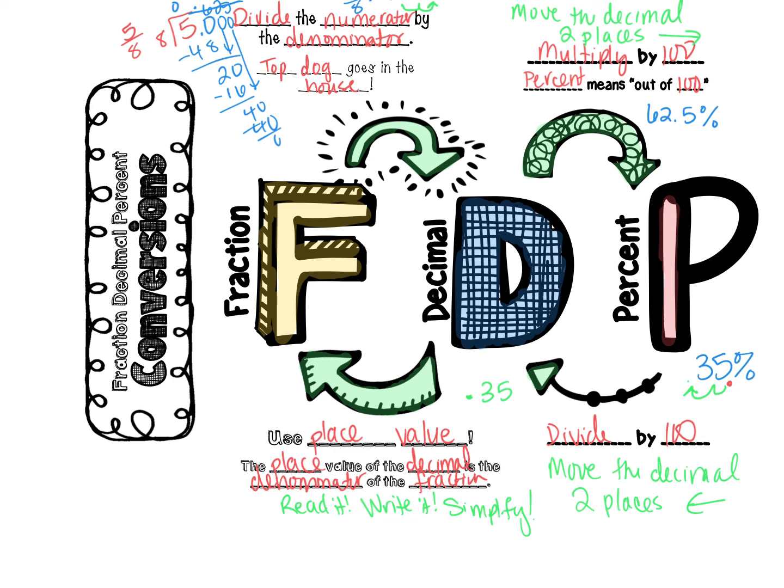So what does that mean? Well, let's look at the example that we had. We had .35. So that is read as what? That's read as 35 hundredths. So if I read that correctly, it's 35 hundredths. So 35 over 100. And then I'm like, can I simplify that?